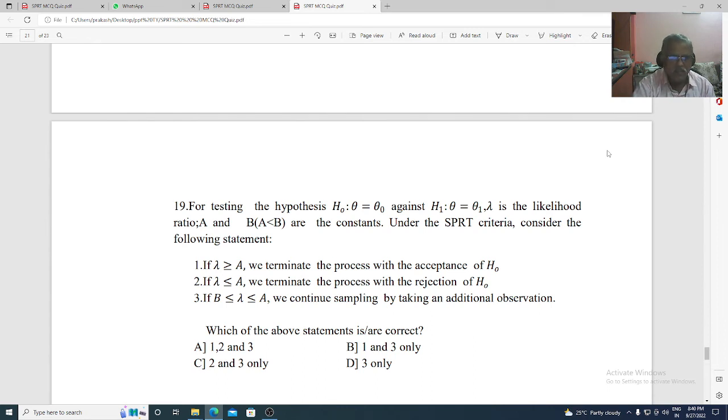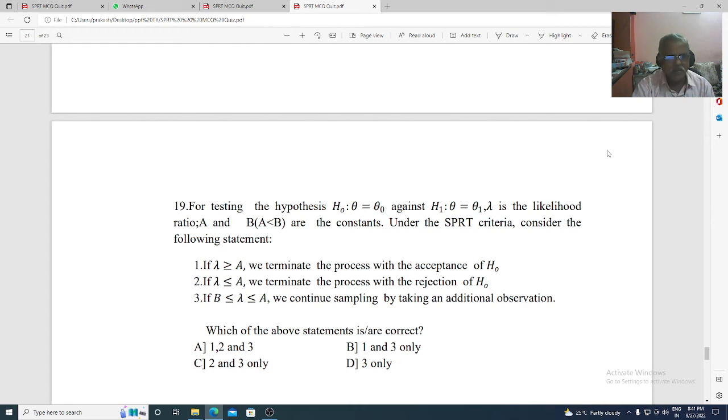Question number 19. For testing the hypothesis H naught: theta equal to theta naught against H1: theta equal to theta 1, lambda is the likelihood ratio and A and B, A is less than B, are constants. Under SPRT criteria, consider the following statements. 1. If lambda is greater than A, we terminate the process with acceptance of H naught. 2. If lambda is less than or equal to A, then we terminate the process with rejection of H naught. 3.